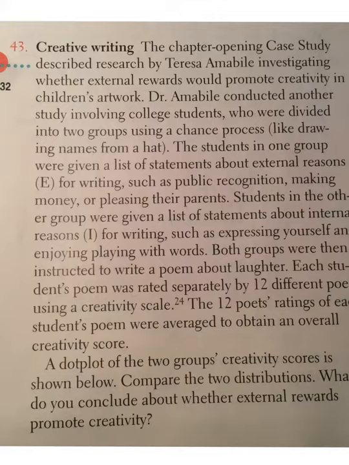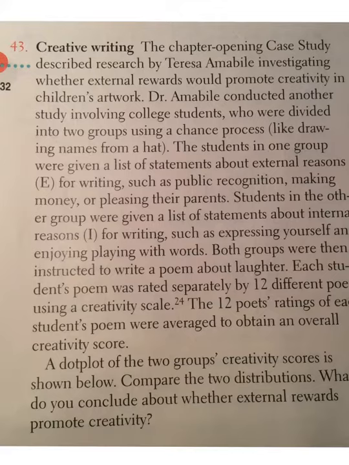then you can apply the math that we're learning. So they took a group of college students and divided them randomly into 2 groups. One was going to get external reasons for writing a poem, such as recognition or pleasing their parents. And then the other group was going to get internal reasons, such as expressing yourself or being creative, or it's in you and it feels good to get it on paper, that kind of thing.